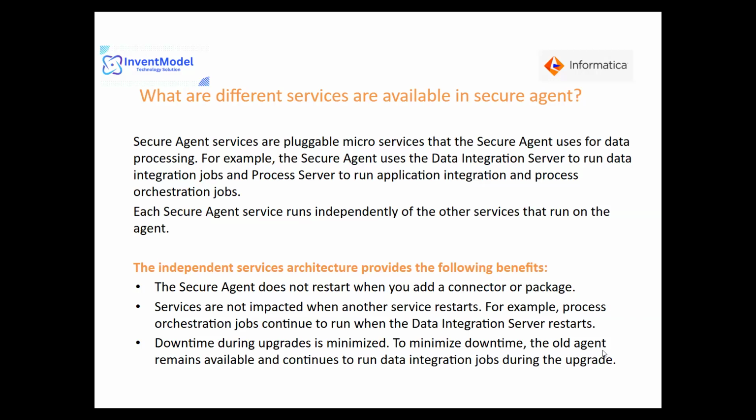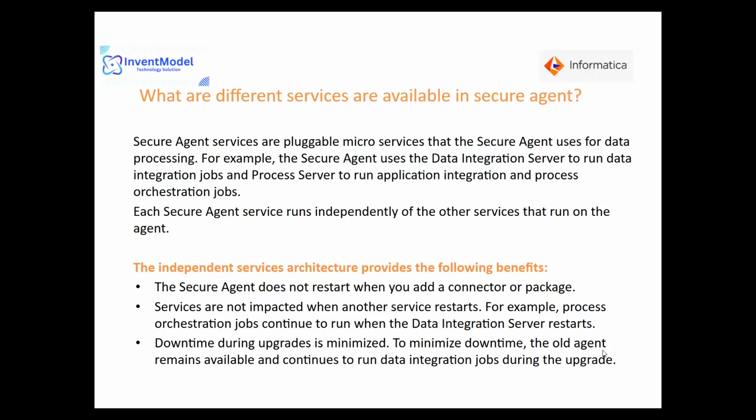For example, process orchestration jobs continue to run when the data integration server restarts. So if one part gets restarted, the other part is still running and not disrupted. And the downtime during upgrade is minimized.